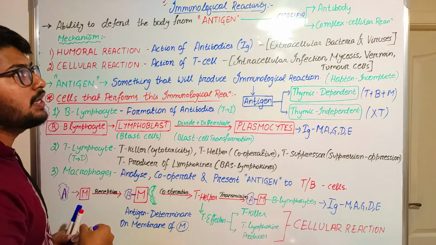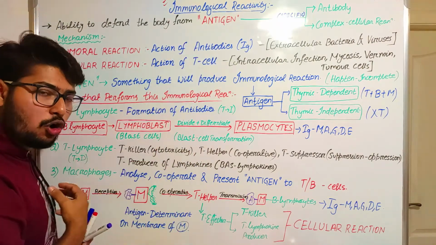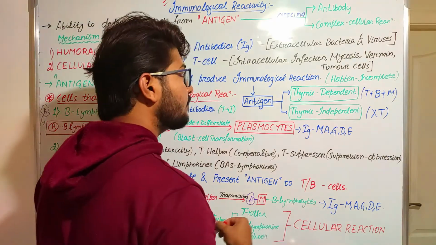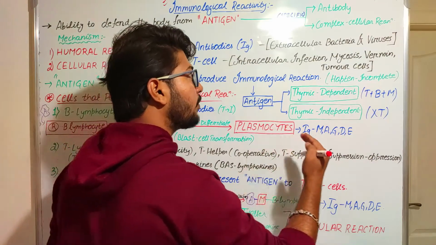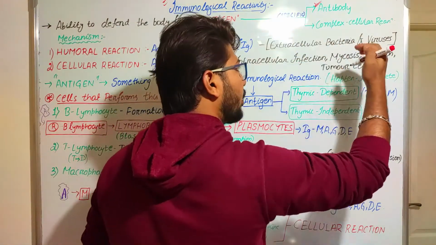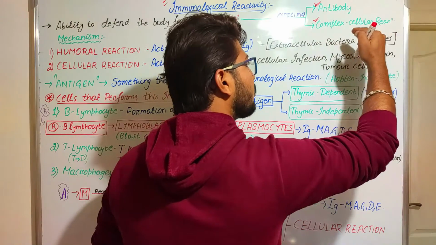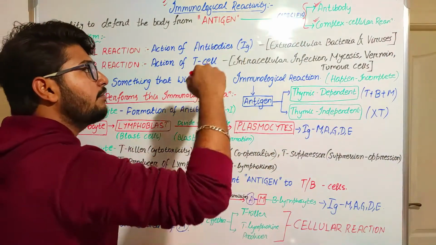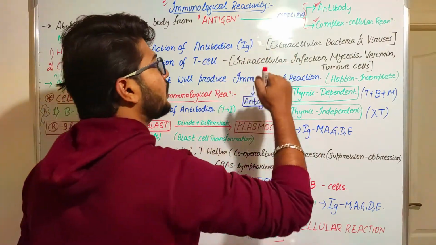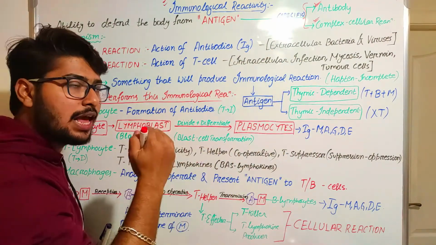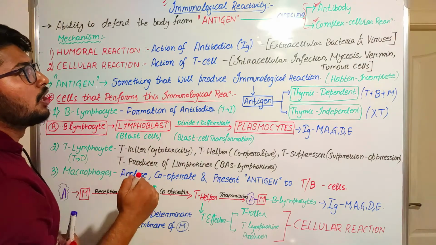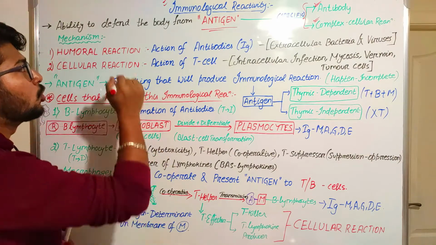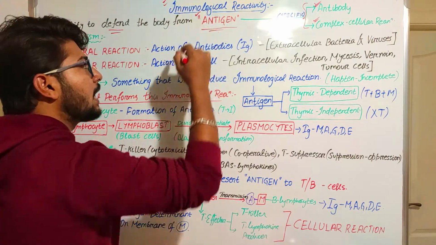In a similar manner, this reactivity of our organisms will be specific. And how will it be specific? It will be specific because our body will produce antibodies or complex cellular reactions. These are nothing but the reactivity factors that will help us to prevent the antigenic functions, or help us to defend against the antigens.